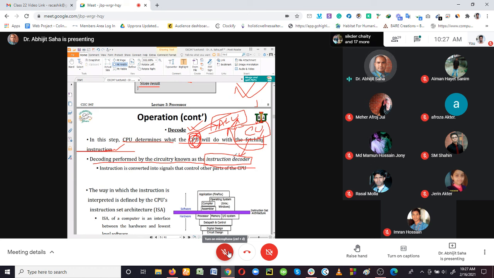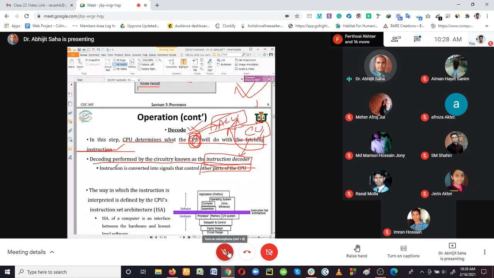The instruction is converted into signals that control other parts of the CPU.